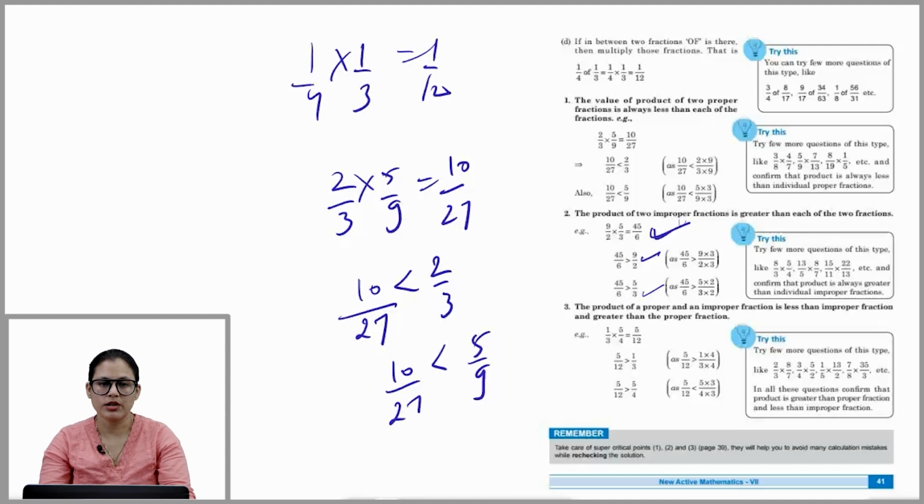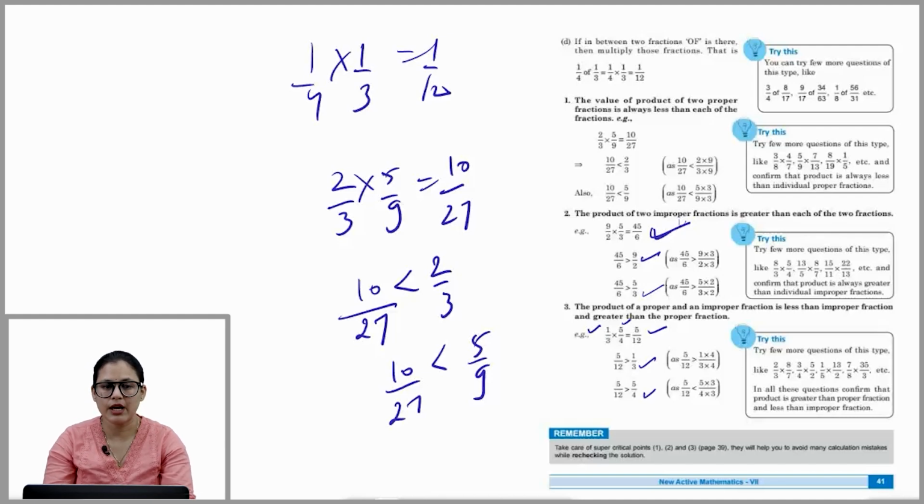Number 3, the product of a proper and an improper fraction is less than the improper fraction and greater than the proper fraction. For example, 1/3 into 5/4. This is a proper fraction. This is an improper fraction, and the answer is what? So 15/12 is greater than 1/3 and 15/12 is less than 5/4.